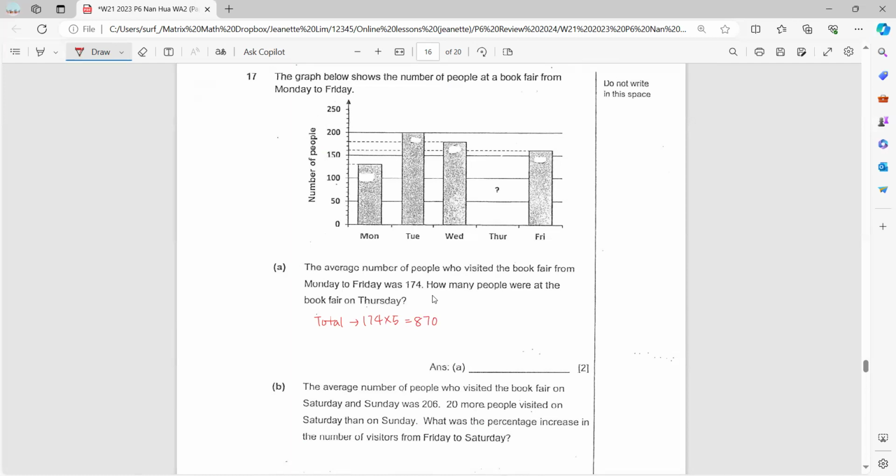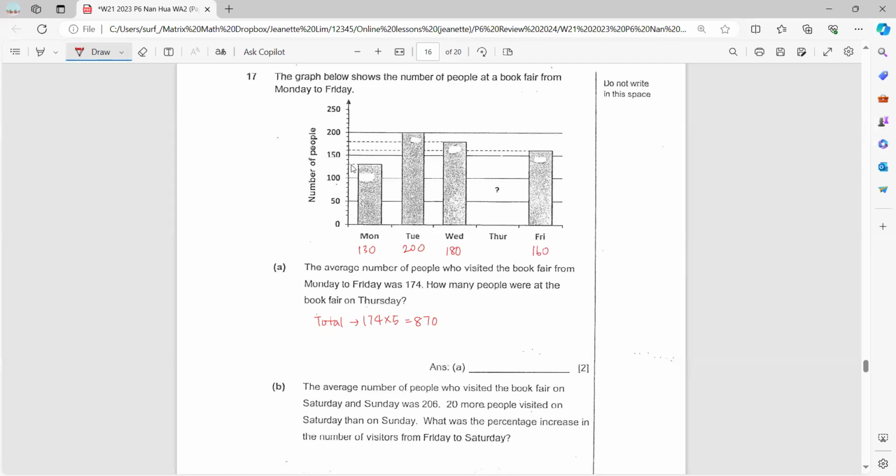What we need to do is minus off Monday, Tuesday, Wednesday, and Friday. So for Monday, each interval is 10. So this is 130. Tuesday, 200. Wednesday, 180. Friday, 160.